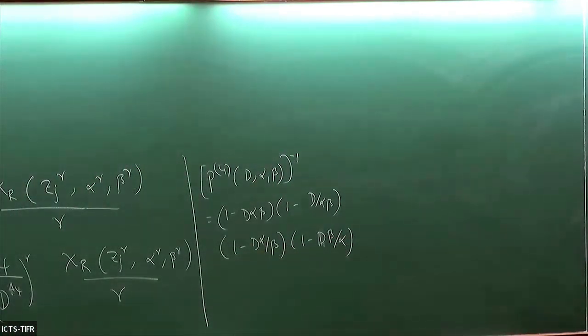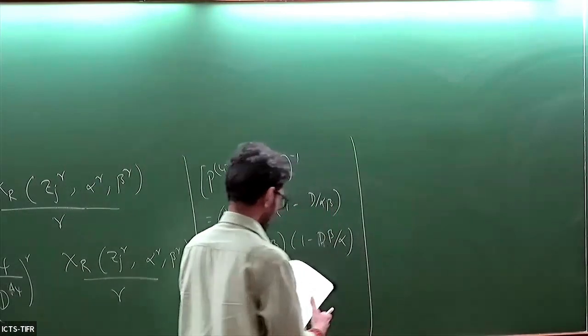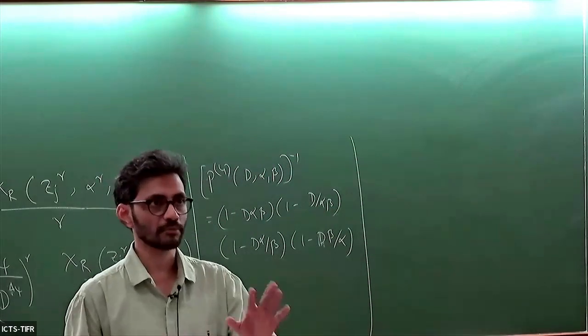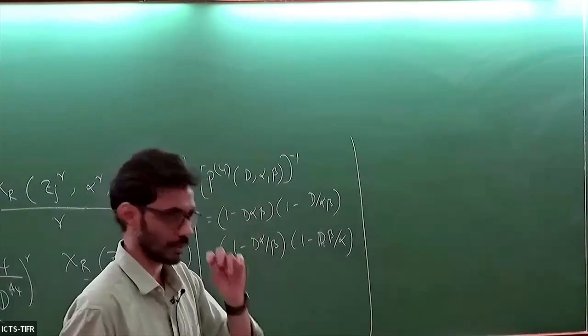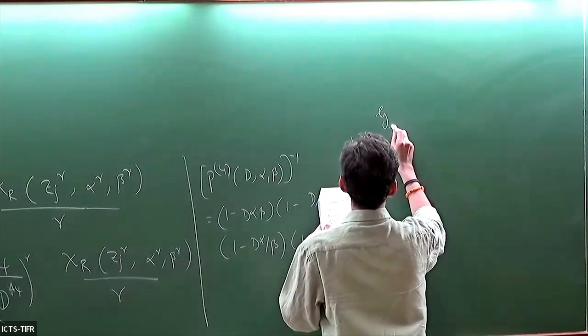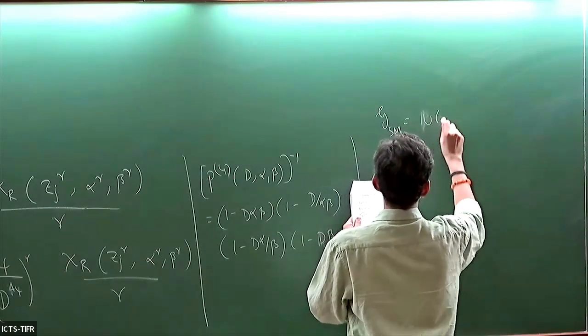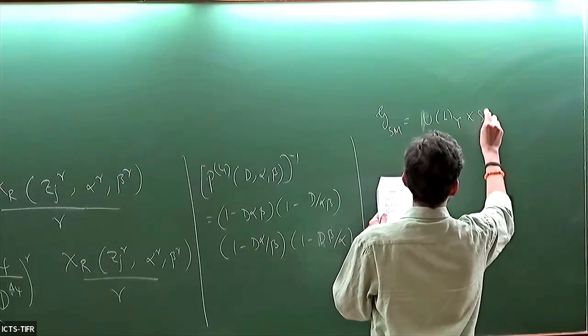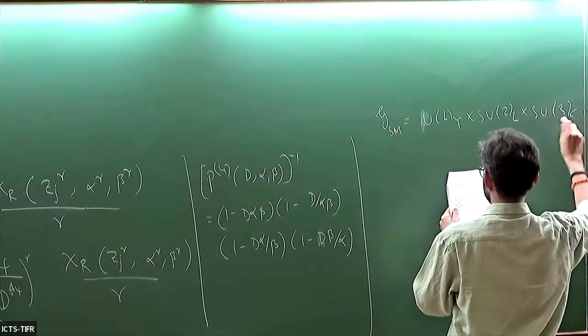Okay. So now let's take one explicit example with the standard model gauge group and the actual fields that we talk about. So what is my gauge symmetry of the standard model? U1Y, SU2L, SU3C.